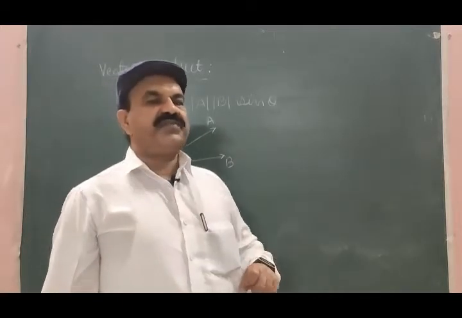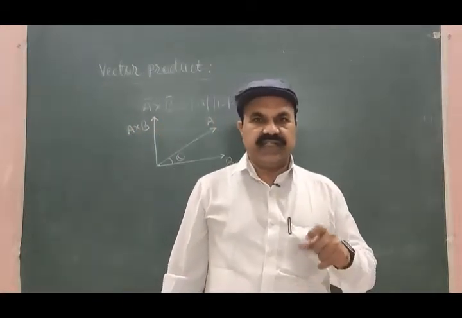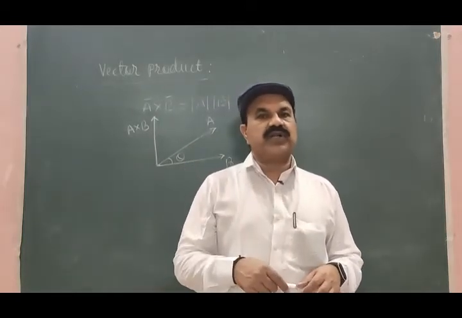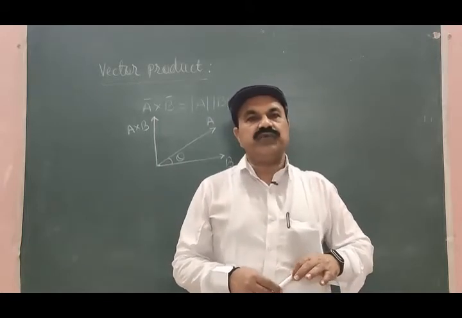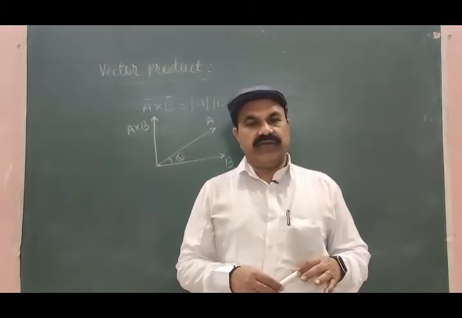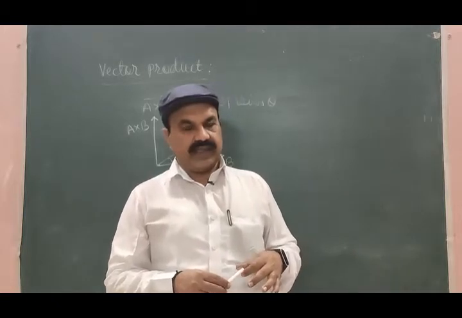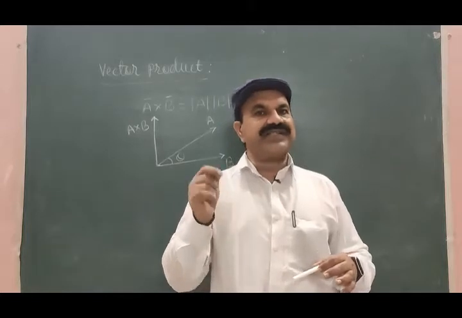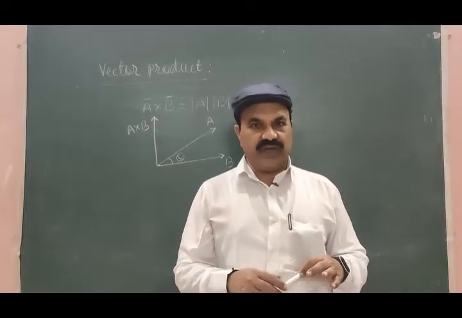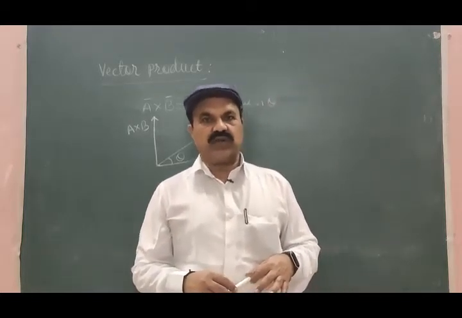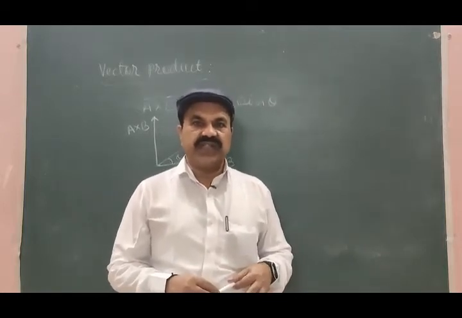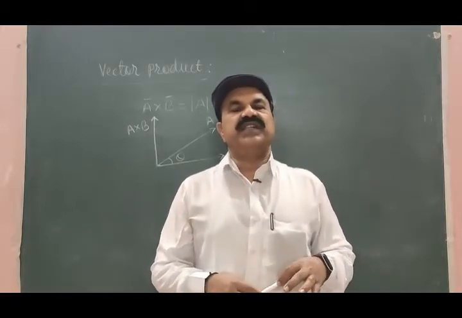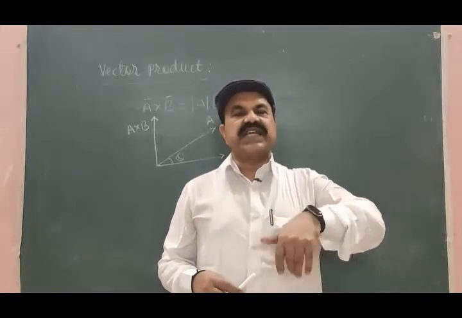Now what is the difference between the dot product and vector product or cross product of two vectors? When we take dot product of two vectors, the result is a scalar, and therefore that product is also known as scalar product.